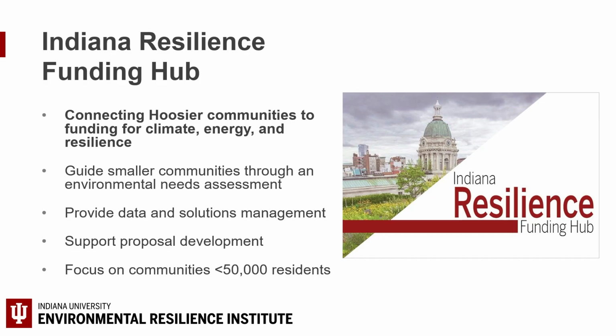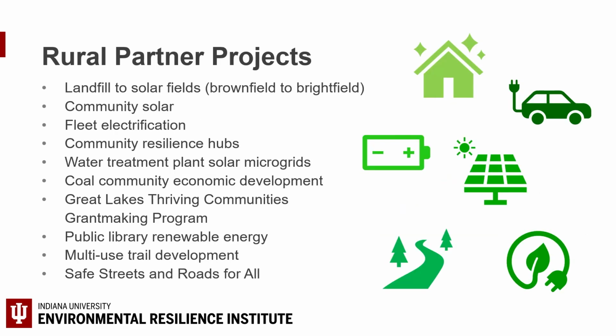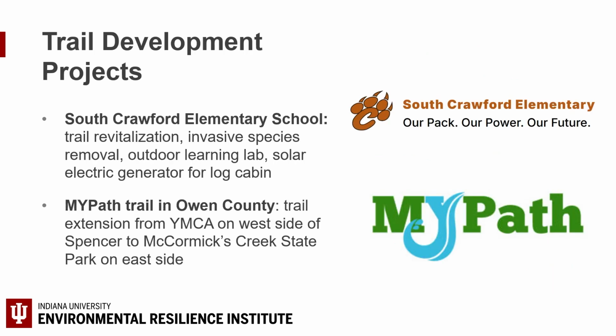We love to do all sorts of projects. These are some examples from the past, definitely not limited to trees and trails, but we do have some multi-use trail development. We're doing some landfill to solar field conversion, a lot of different projects going on right now. And then some examples of trail development projects at South Crawford Elementary School in Crawford County and My Path Trail in Owen County.